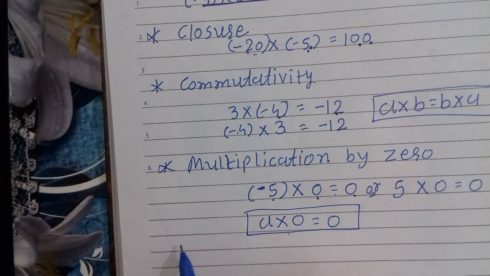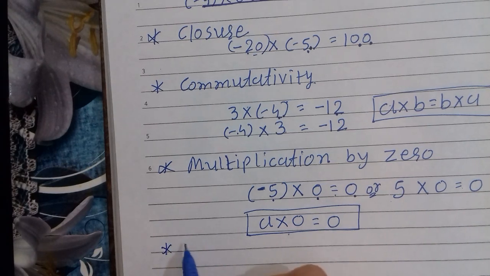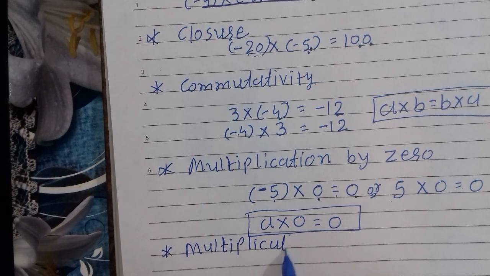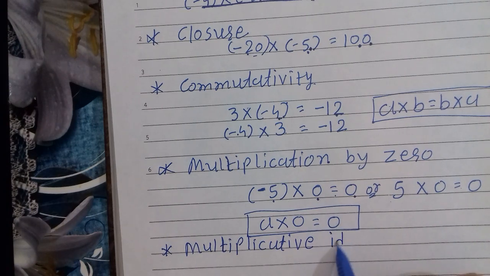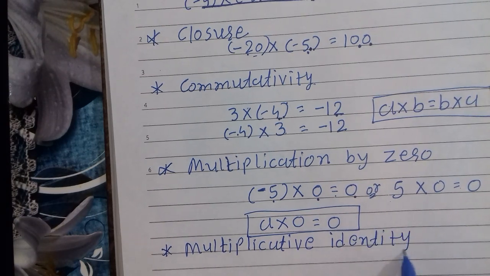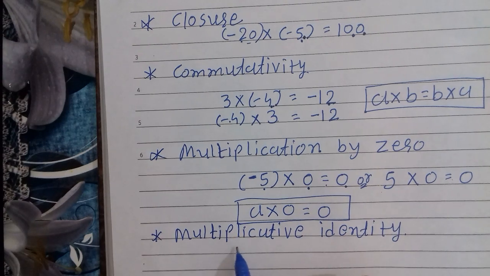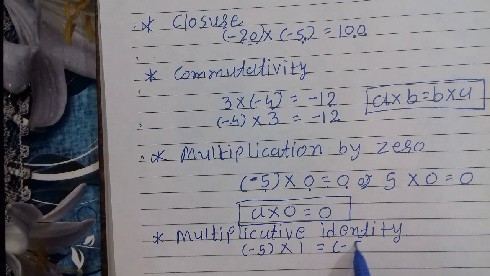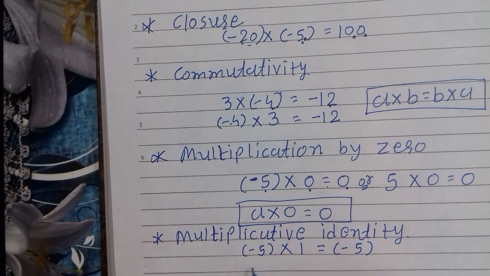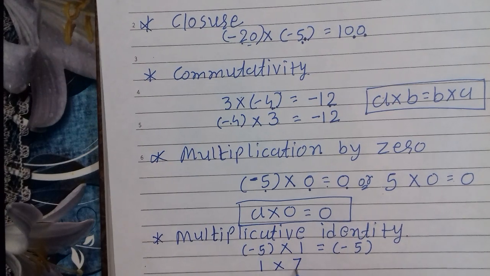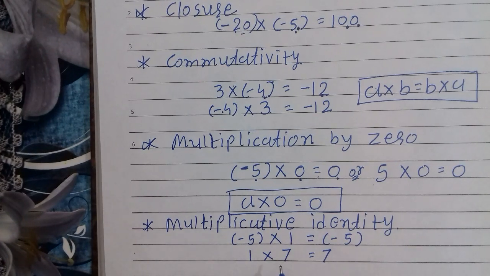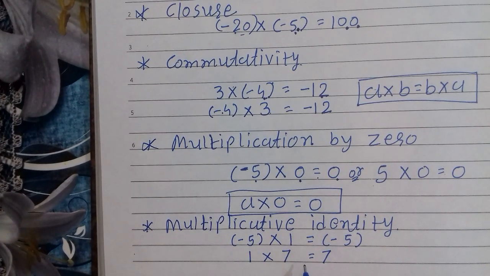Next, multiplicative identity. In multiplicative identity, suppose minus 5 multiplied by 1 is equal to minus 5. 1 multiplied by 7 is equal to 7. This shows that 1 is the multiplicative identity for integers also.